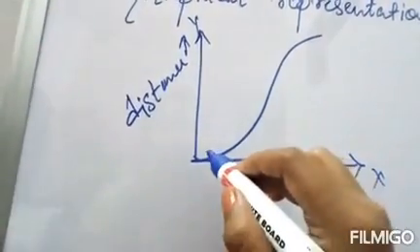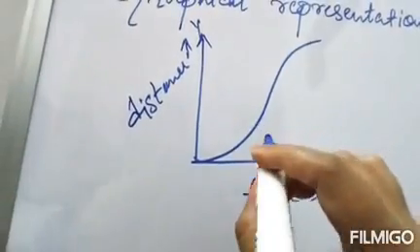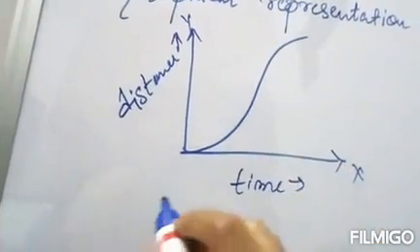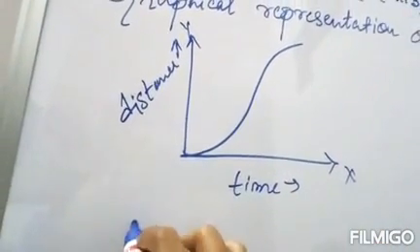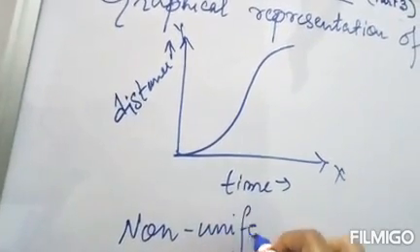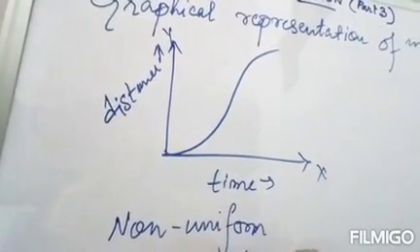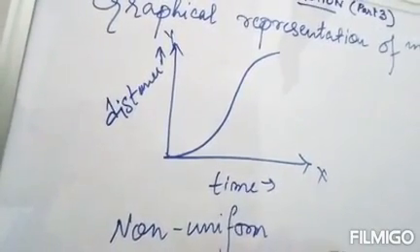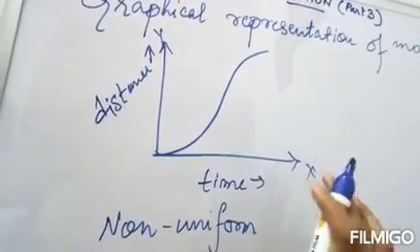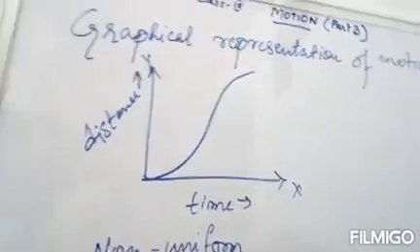Sometimes it's increasing, sometimes decreasing, so there's no uniformity in the graph. So this is known as distance time graph, which is for non-uniform motion, or non-uniform speed or velocity.